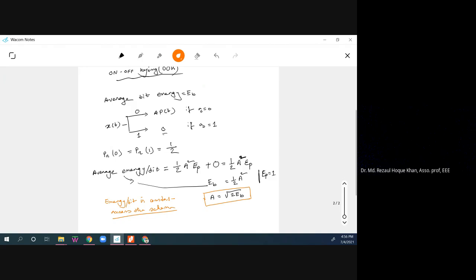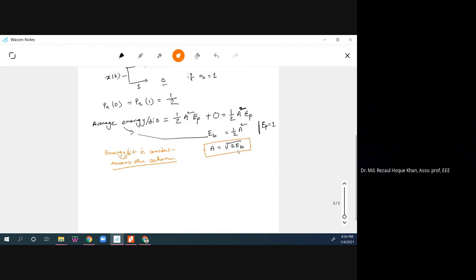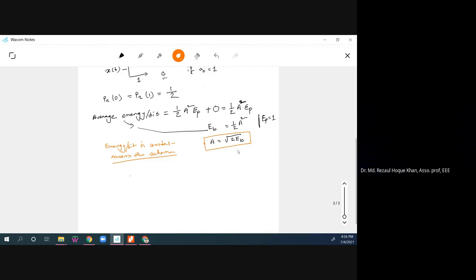This cannot be fluctuated. So now we conclude that if it's 0 bit, then our signal looks like PT.